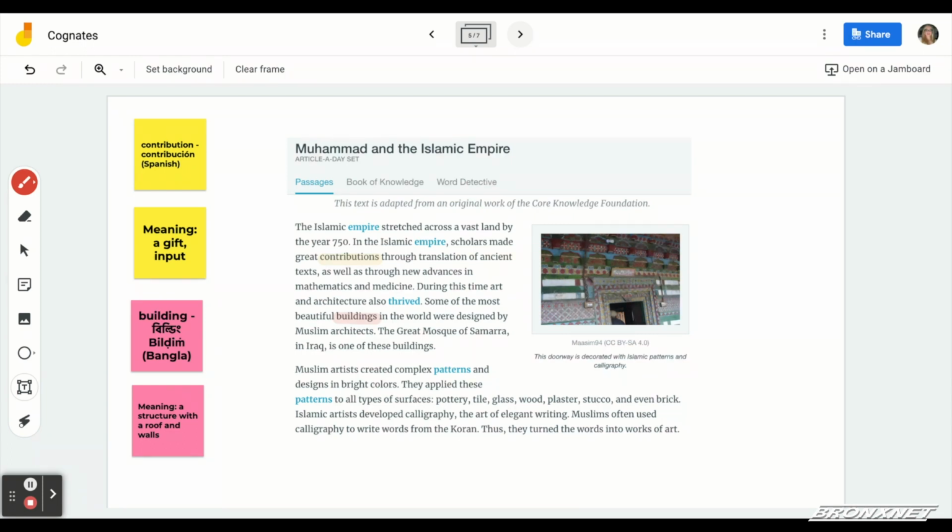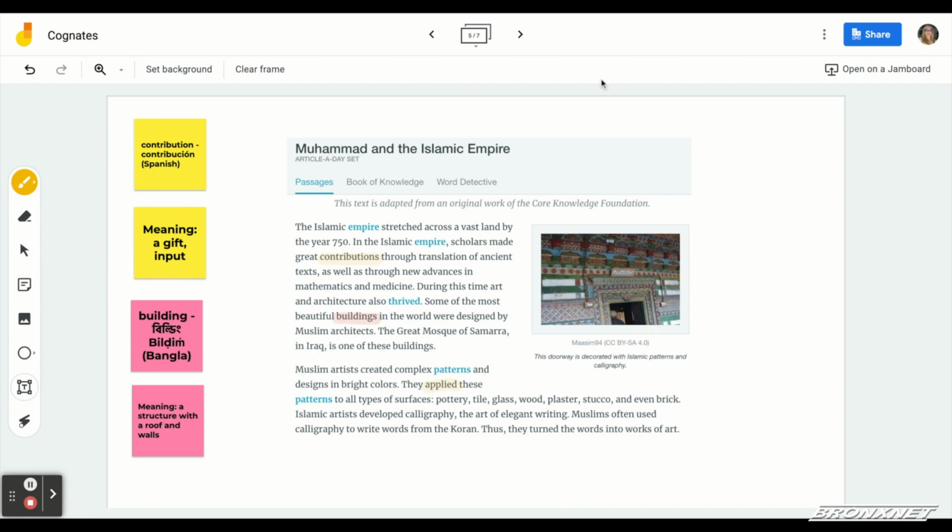Great. Let's keep going. The Great Mosque of Samarra in Iraq is one of these buildings. Muslim artists created complex patterns and designs in bright colors. They apply these patterns to all types of surfaces: pottery, tile, glass, wood, plaster, stucco, and even brick. I see another tricky word. I'm gonna highlight it. Applied.